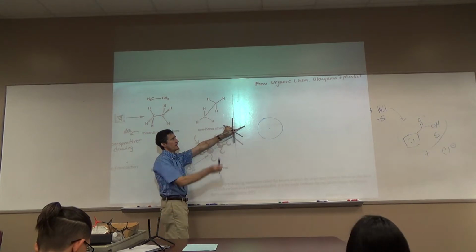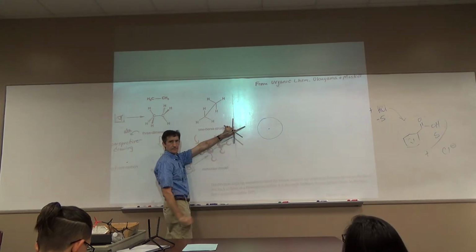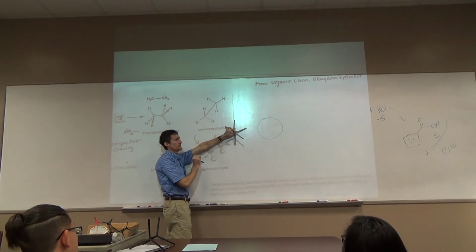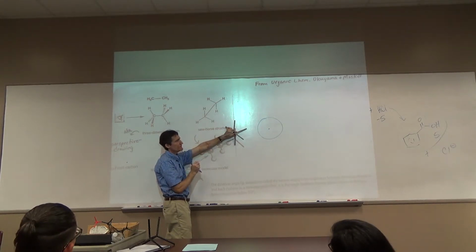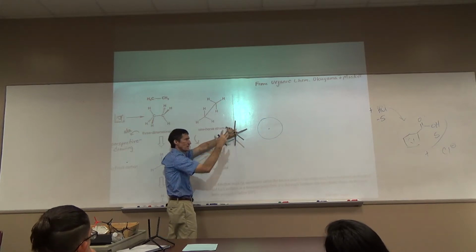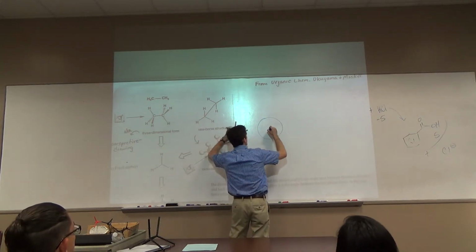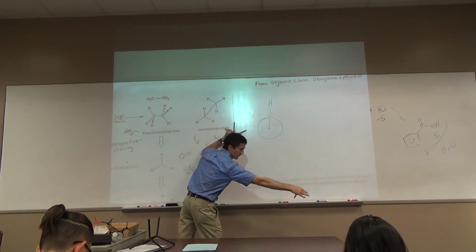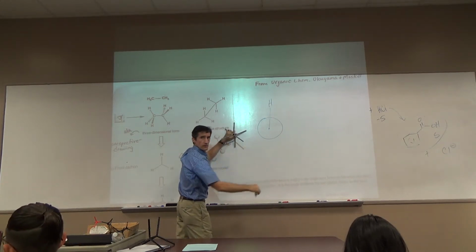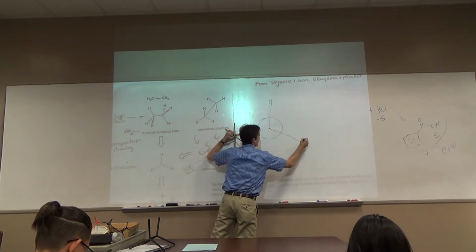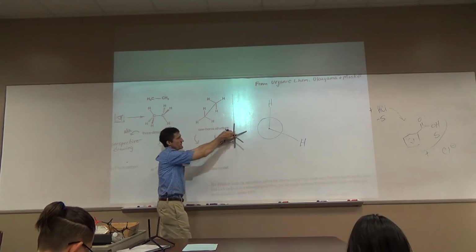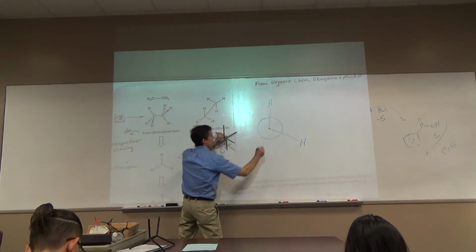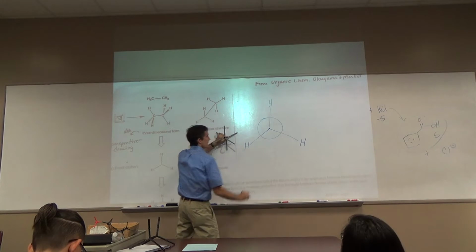Now, I say straight up, it's actually leaning towards you guys. But for this purpose, it's going straight up, sort of in the plane. We have to assume that these are coming forward, but I draw an H straight up. I've got an H going that way, sort of towards 4 o'clock. I've got an H coming this way, sort of towards 8 o'clock. There's the front carbon.